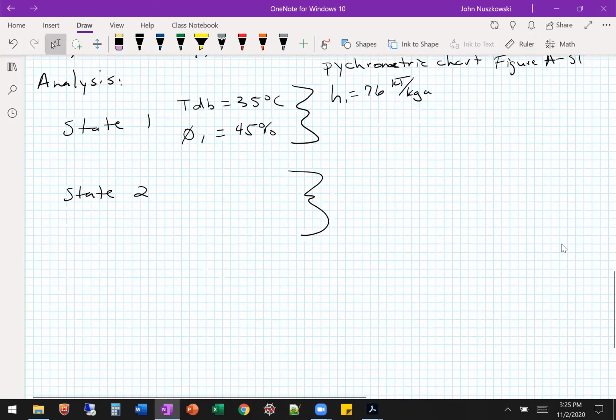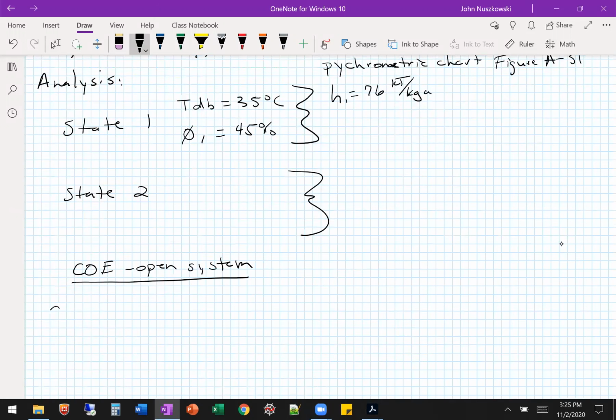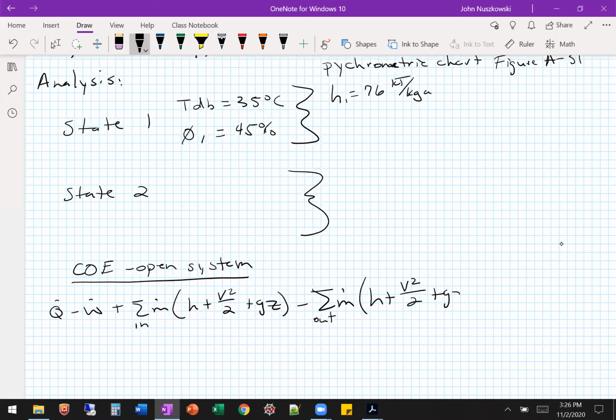And then you said open system to figure out something at state two. Okay. So if we look at the conservation of energy for an open system, I already said it's steady state.